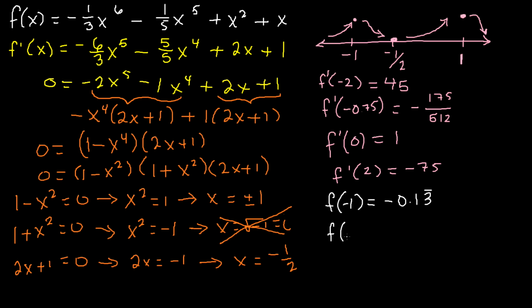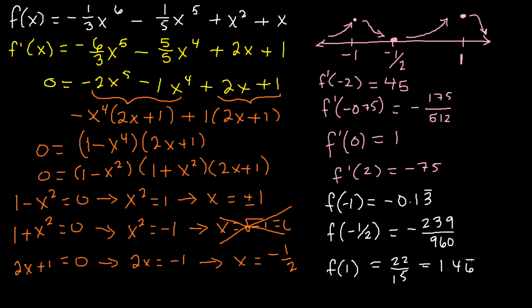F of -1/2, which is our relative minimum, is going to be equal to -239/960, and f of 1 is going to be equal to 22/15, which is going to be equal to 1.46 repeating. Now this is clearly greater than -0.13, so this is going to be our absolute maximum.